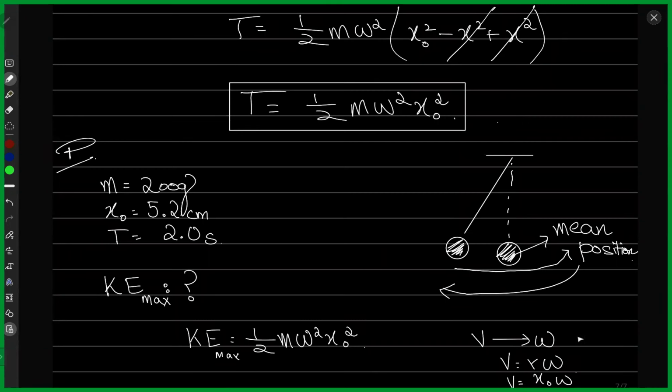If I square both sides, I get v squared equal to x naught squared omega squared. So I can replace this with v squared and get half m v squared, and I just want to find the value for v to figure out the maximum kinetic energy.